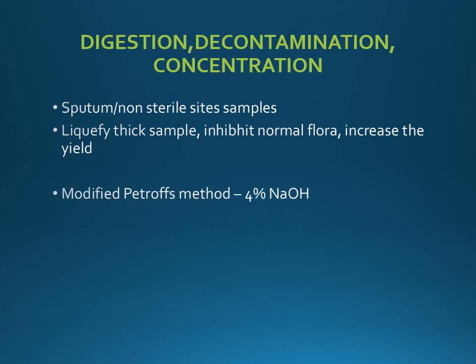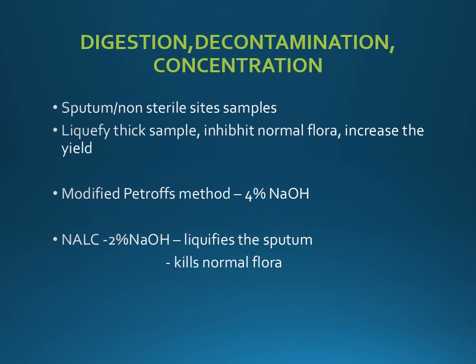There are Petroff's method and the modified Petroff method. In the modified Petroff method, we are using 4% sodium hydroxide for this procedure. Then we have another method, that is the NALC and 2% NaOH. Here we are using the N-acetyl L-cysteine, which is liquefying the sputum, and 2% NaOH, which is killing the normal flora.